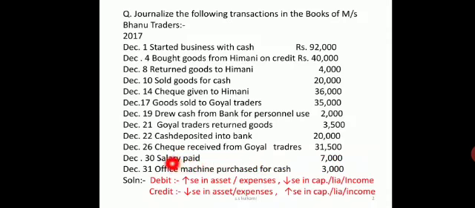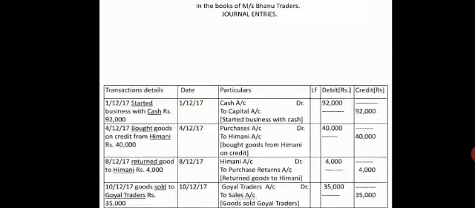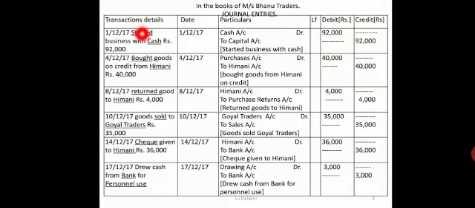This is what you have to write and refer to, as it is very important while passing journal entries. When I say started business with cash, I have one account, cash account, which is an asset. Now the rule for debit is increase in asset. So cash account is to be debited.